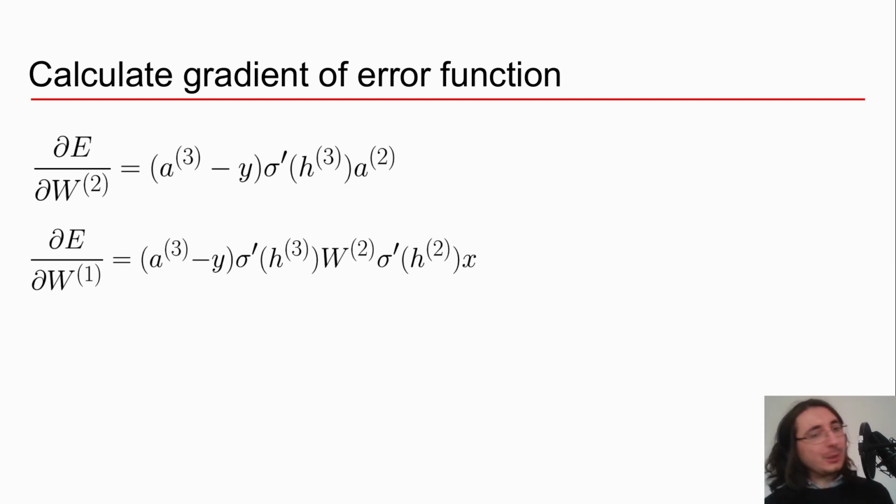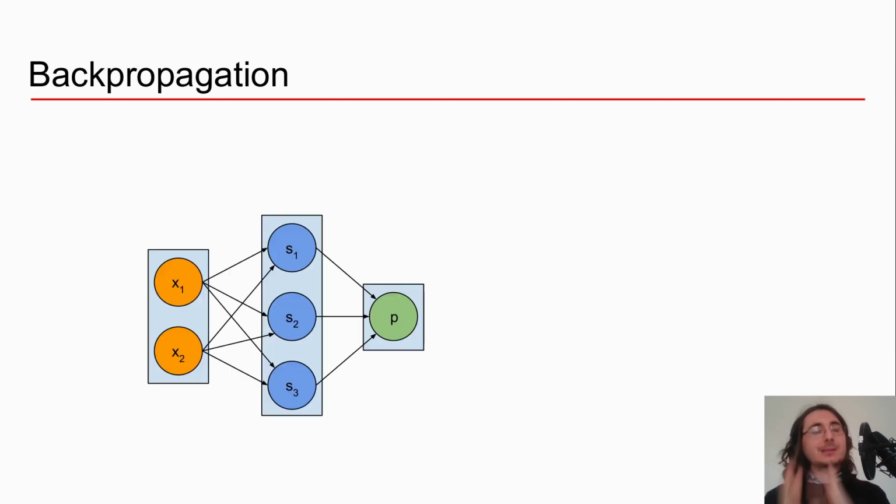And this is the whole point of backpropagation. For calculating the derivatives of the error function in previous layers with respect to the weights, we can use elements that we've already calculated.